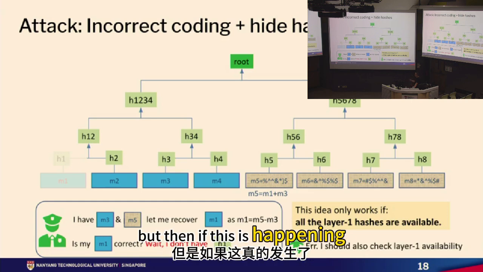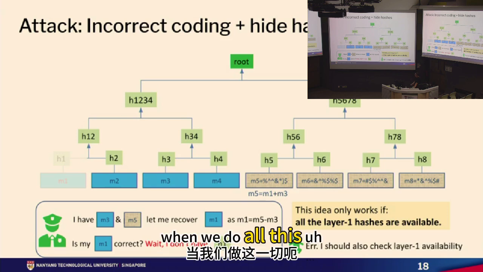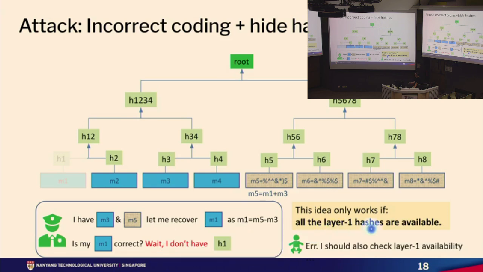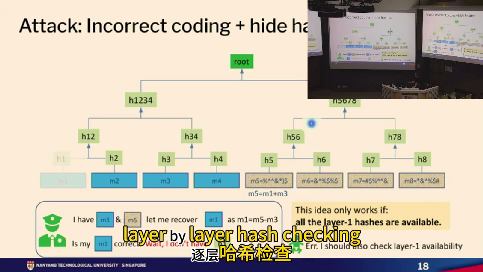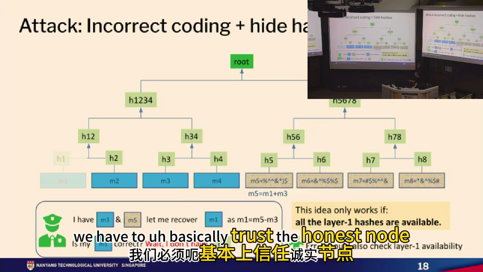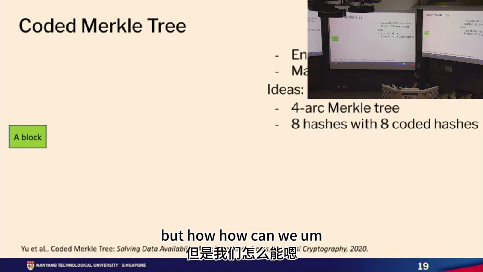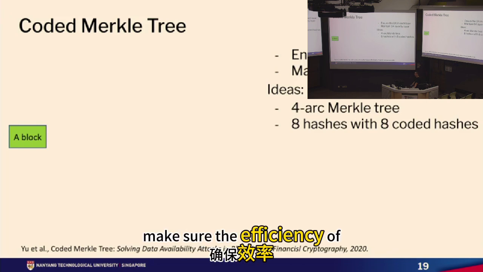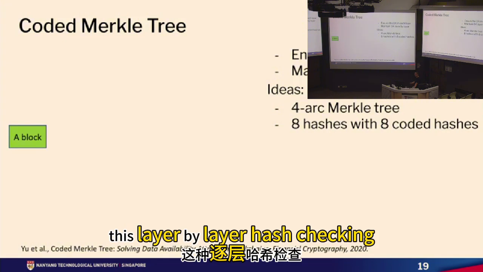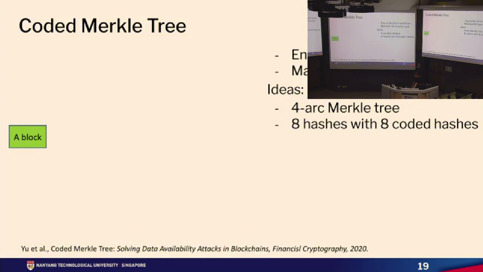But then, when we do all this layer by layer hash checking, we have to trust the honest node to do the checking. Normally, in this case, we definitely need to trust the honest node. But how can we make sure of the efficiency of this layer by layer hash checking?